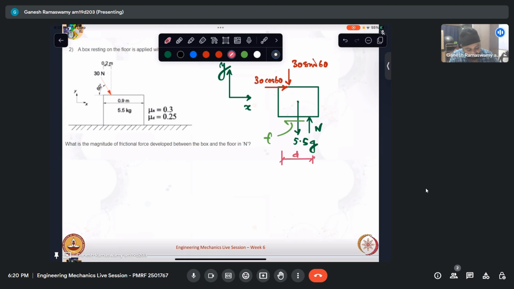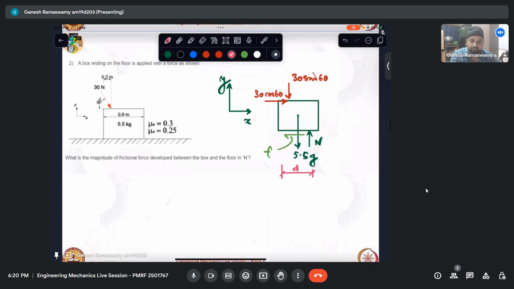Now this is a body that is in the plane of the paper, a planar system. So we have three equilibrium equations at our disposal, namely sigma fx equals 0, sigma fy equals 0, and sigma m about z equaling 0.